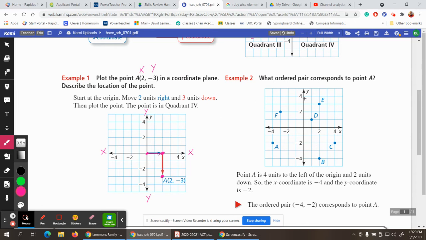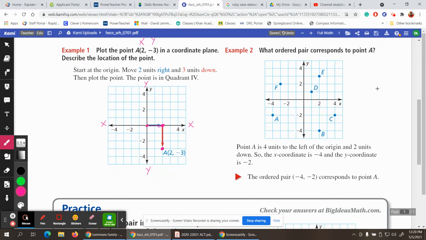So it wants to know what ordered pair corresponds to point A. So where is point A? I always start at the origin. Again, here's my x. I'm going to the left, 1, 2, 3, 4.